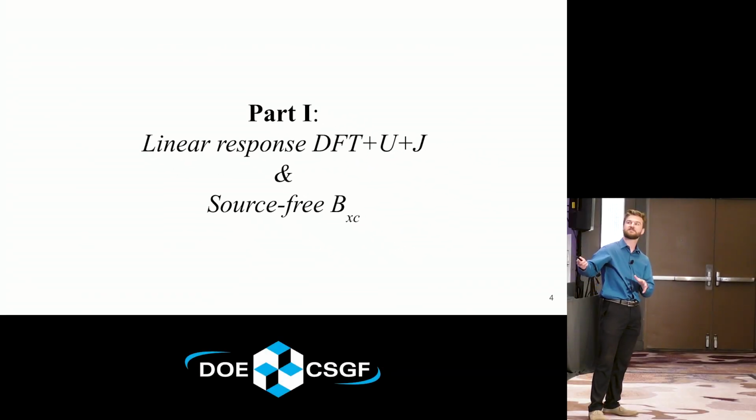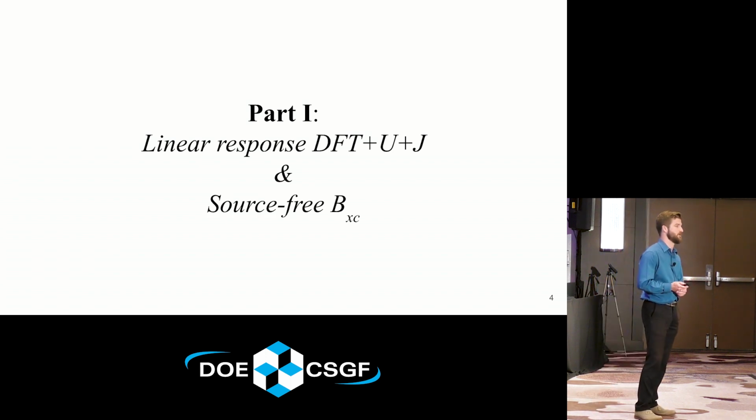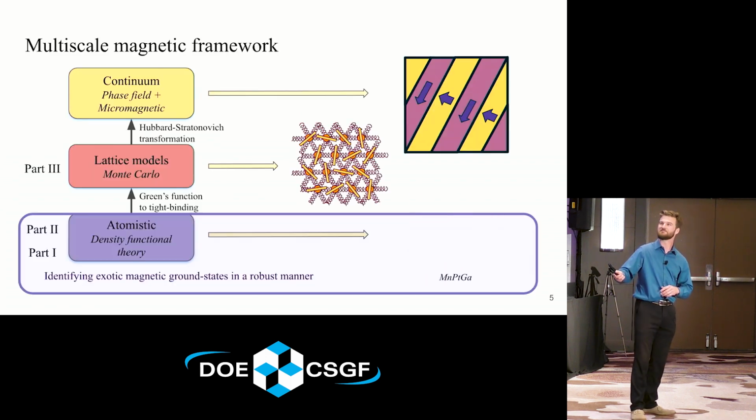I'll start from DFT and calculating U and J parameters, as well as a new exchange correlation functional, which we've implemented in VASP source code, but we hope to extend to other open source codes. VASP is not open source, but our code patch will be.